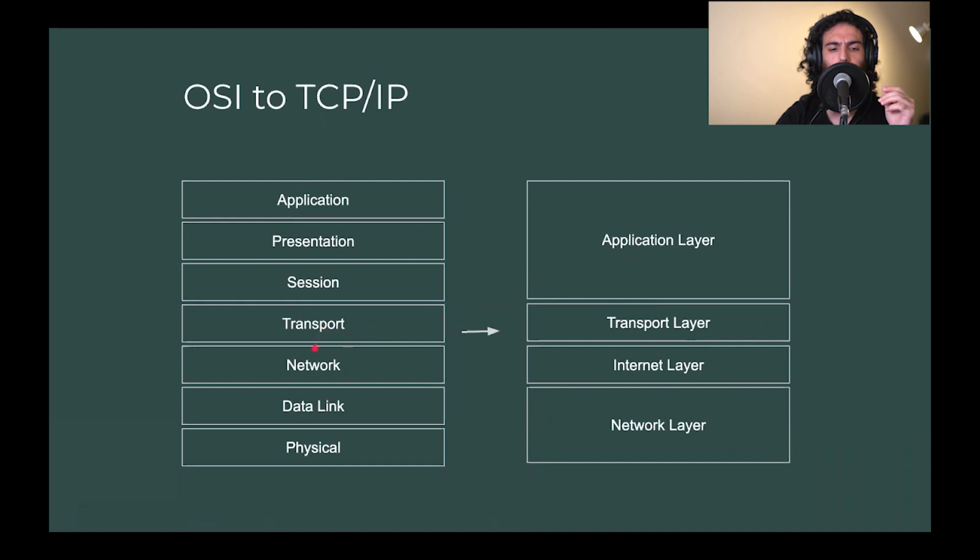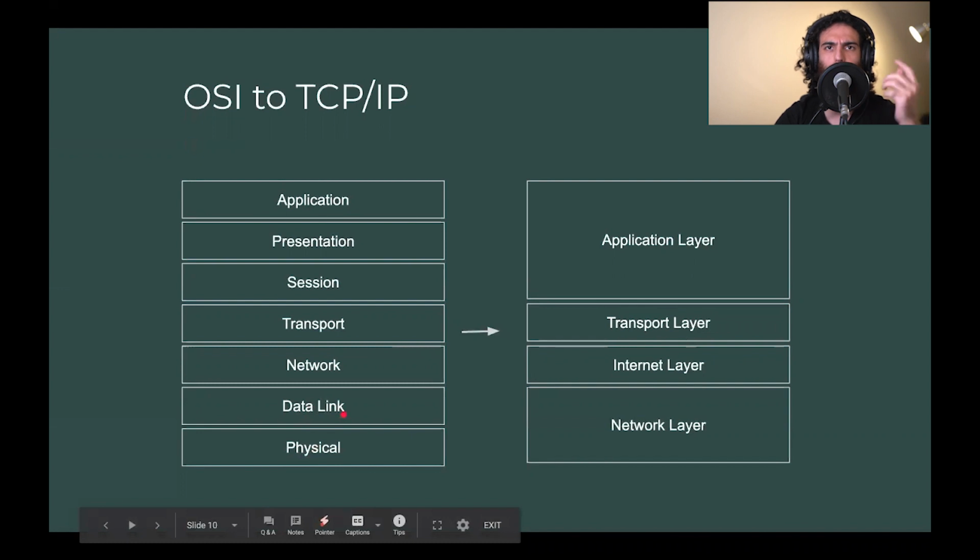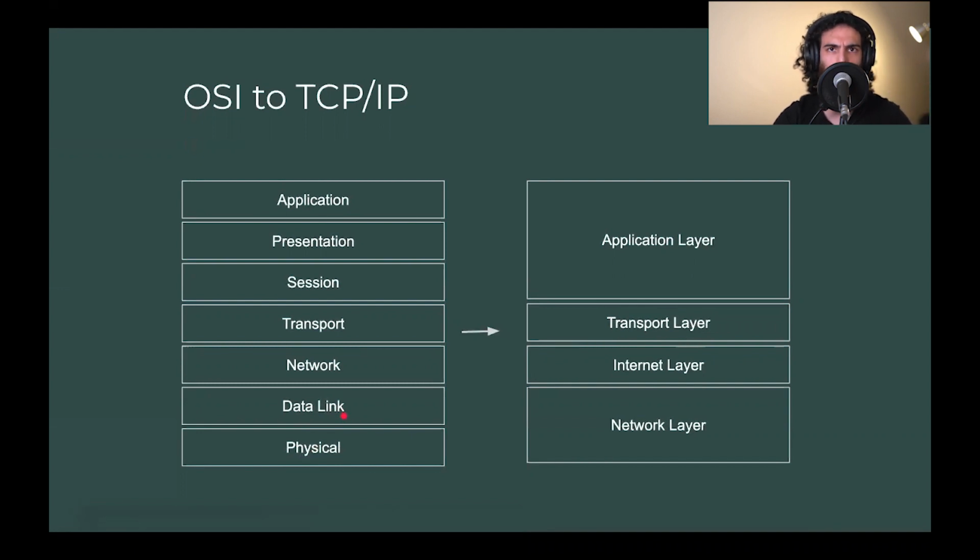The 4th and 5th layers translate into the 2nd and 3rd layers of TCP/IP. So transport is transport in TCP/IP, and network is also network in TCP/IP. Sometimes they call it the network layer in TCP, sometimes they call it the internet layer, but they're both the same. Data link and physical: data link has to do with the software at the hardware level.